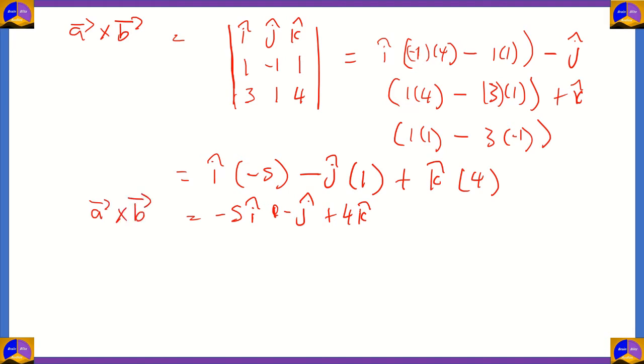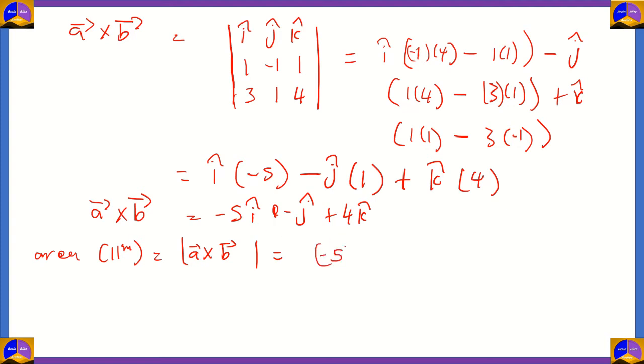Now let's find the area of the parallelogram, which is the modulus of A cross B. So that means the modulus of this vector, that is equal to the square root of the sum of squares of each of the components.